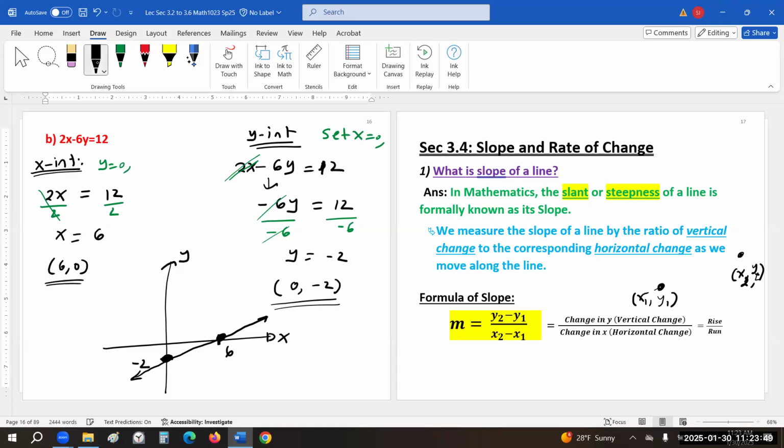We see how much this distance is in the y direction and how much in the x direction, and then we divide the y distance by the x distance. That's y2 minus y1 divided by x2 minus x1. It means difference in y divided by difference in x. So yep, if you didn't understand anything I said, memorize this formula.